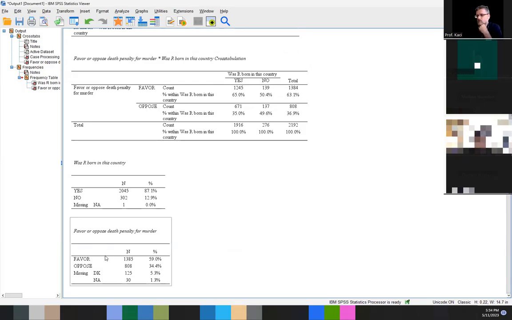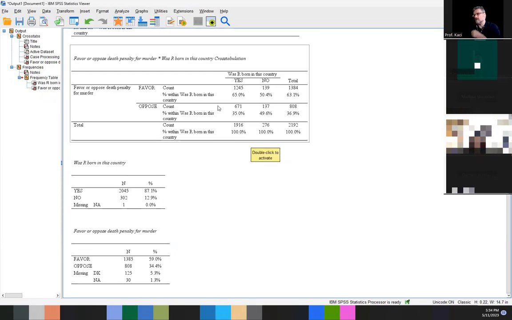So, for example, those who favor or oppose death penalty for murder, we have those who favor 1385. We have here 1384, because one was missing somehow. And those who oppose 808. Here, whether the person was born in this country, we have 2045, but in the cross tabulation we have 1916, and 302 were not born, but 286 in the cross tabulation.